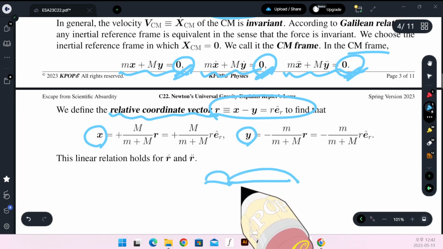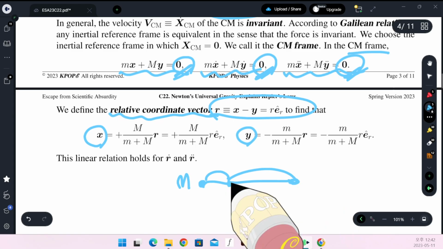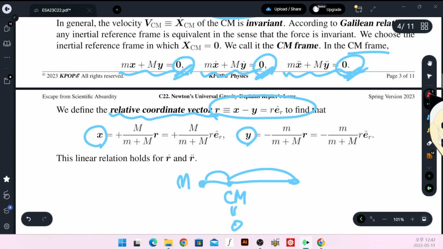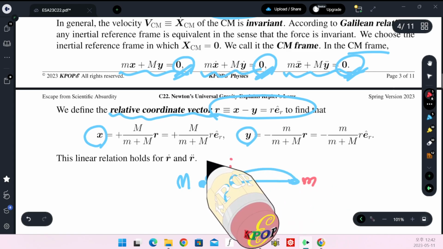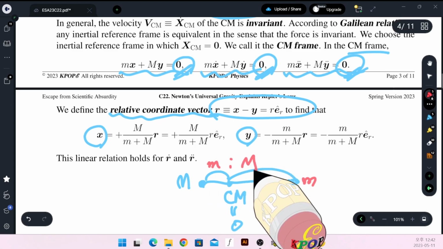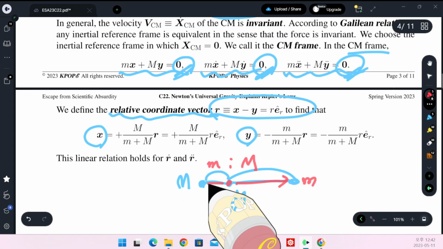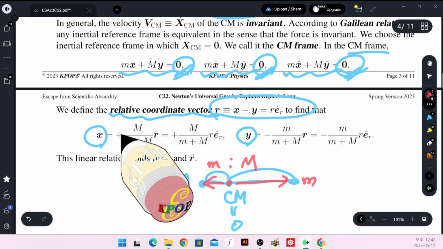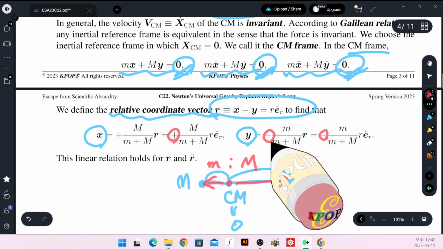From the center of mass, that is the origin, the distance to the particle of mass m is given by this factor. We can see from the CM that these two directions are opposite, so this one has a positive sign and this one has a negative sign.